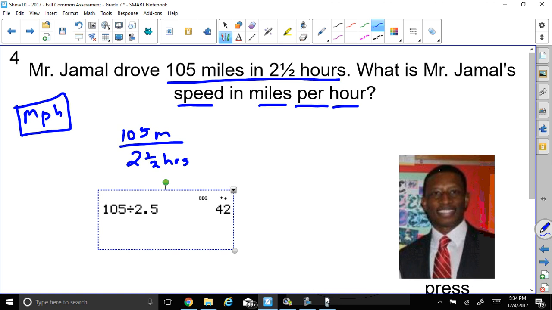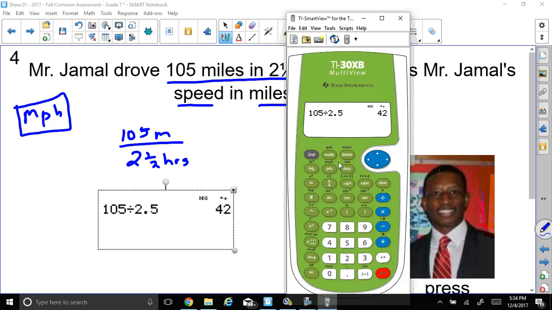And if you did not like using the decimal, you can do the same thing with a fraction. Let me get my fraction here. 105 divided by, it's a mixed number, so you can use your ABC button again.